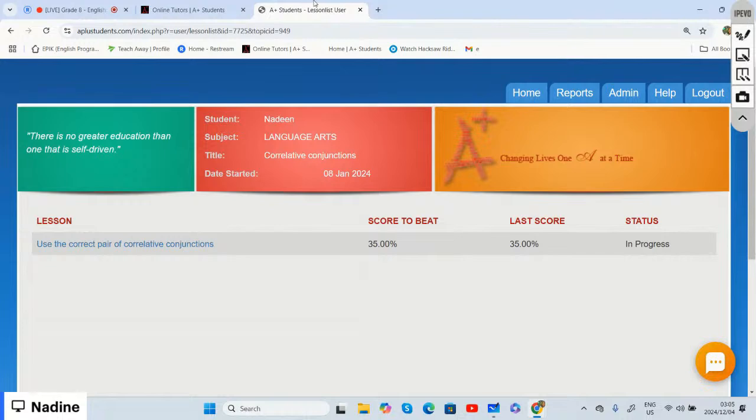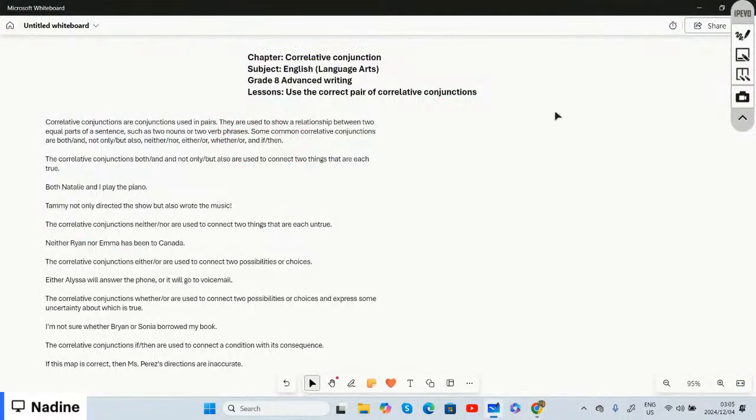All right. So we see that our chapter is correlative conjunctions. Our subject is English Language Arts. We're doing grade 8.